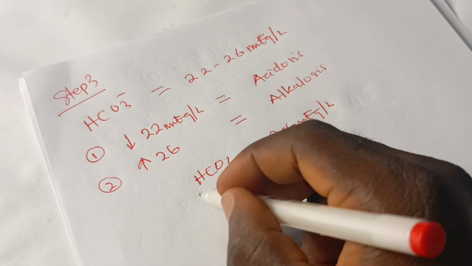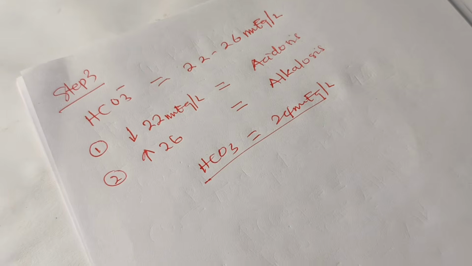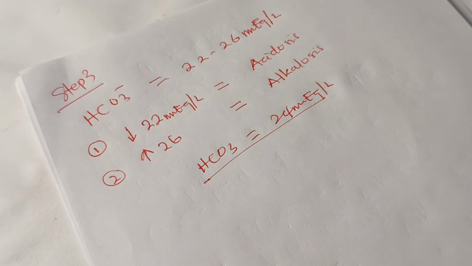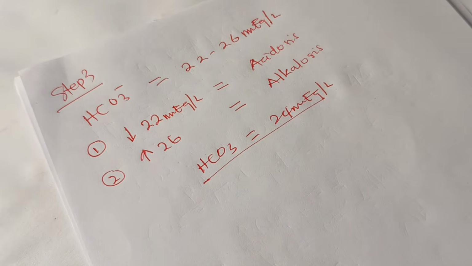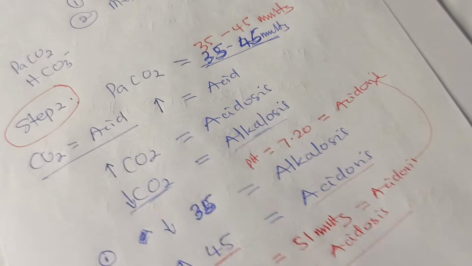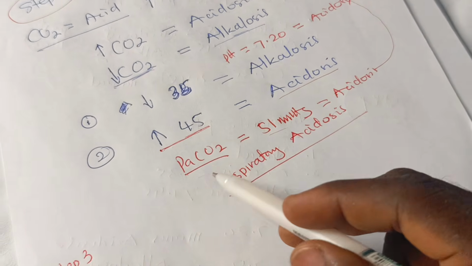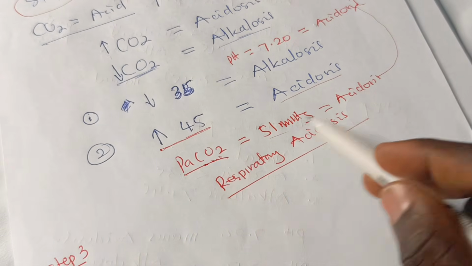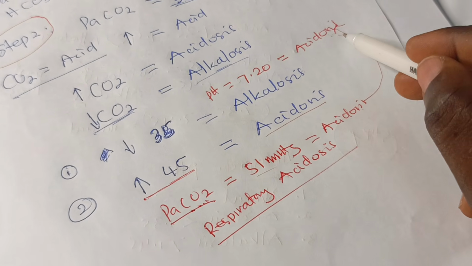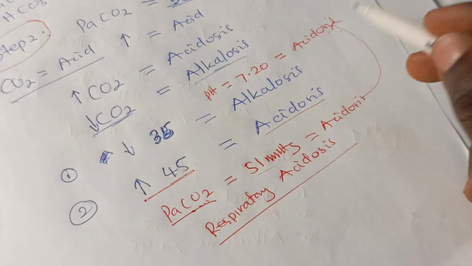This patient's value is normal, so it will not have any effect on the pH. Therefore, the only one having an effect on the pH is this one, which agrees with the pH interpretation of that patient.